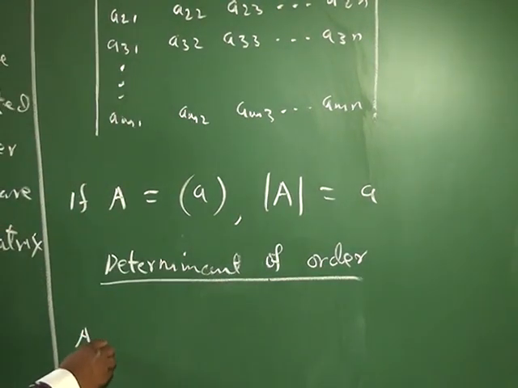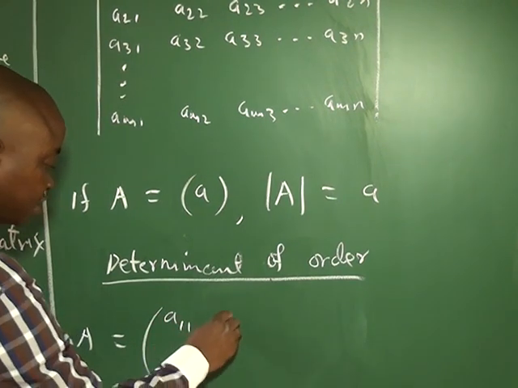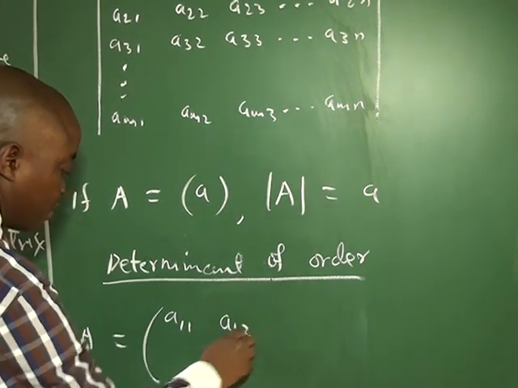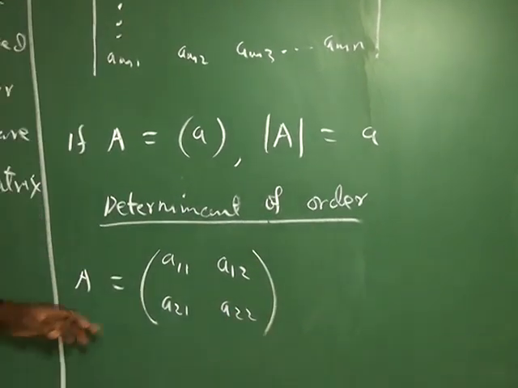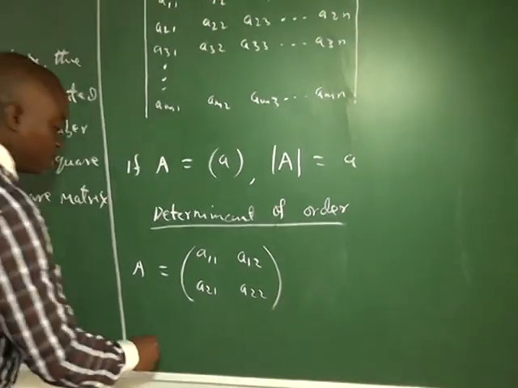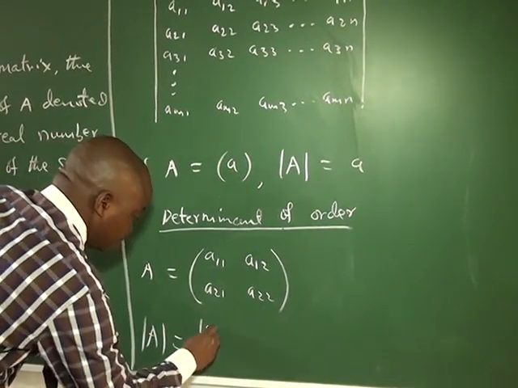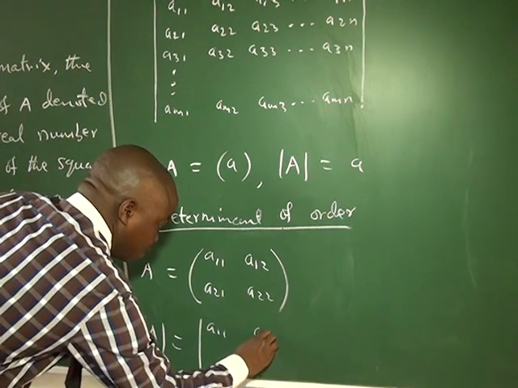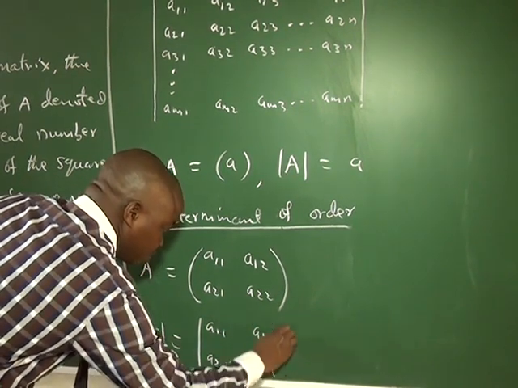If I have that A is a matrix whose elements are A11, A12, A21, A22, so the determinant of A is A11, A12, A21, A22.